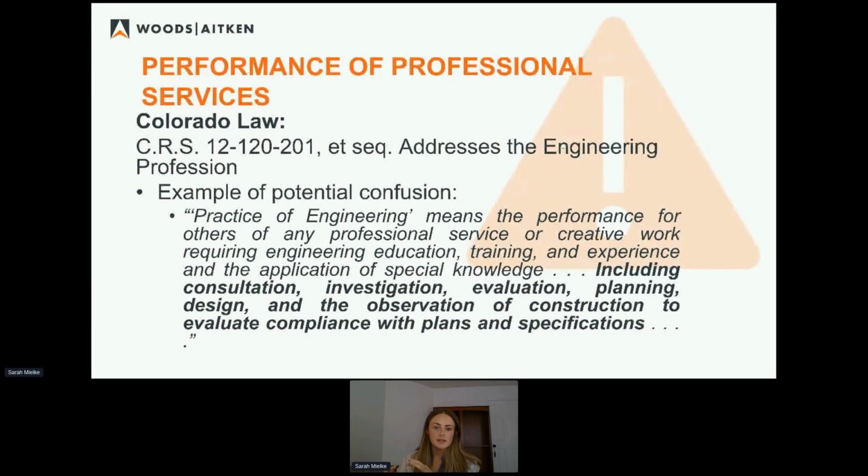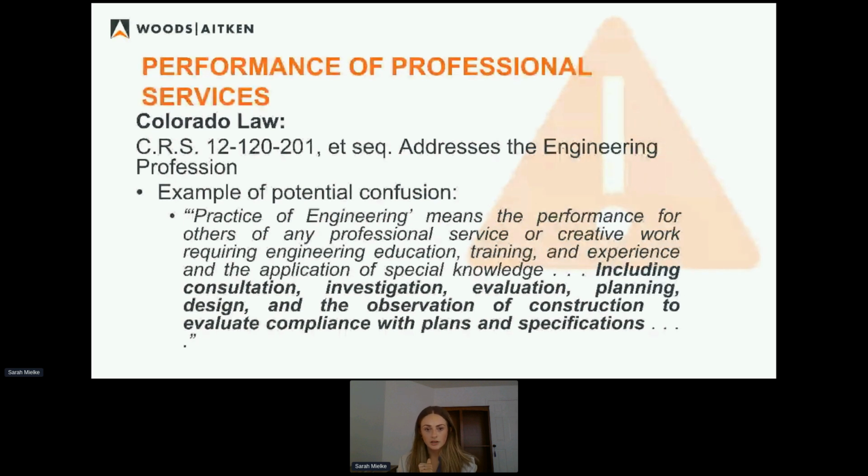And then there are some specific references that I left out because they're very long that tie these services directly to engineering. But the statute also notes that this includes consultation, investigation, evaluation, planning, design, and the observation of construction to evaluate compliance with plans and specifications.